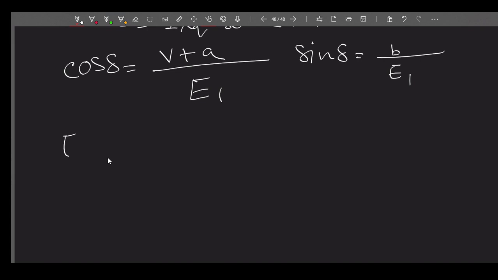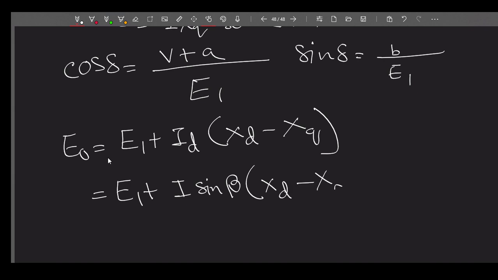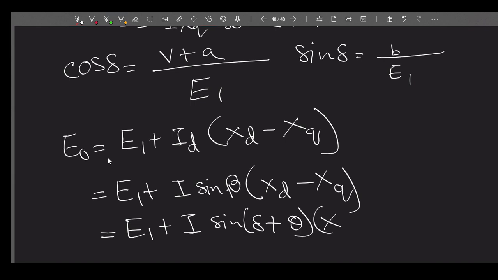in addition. What about E naught? Further, this guy is equal to right.